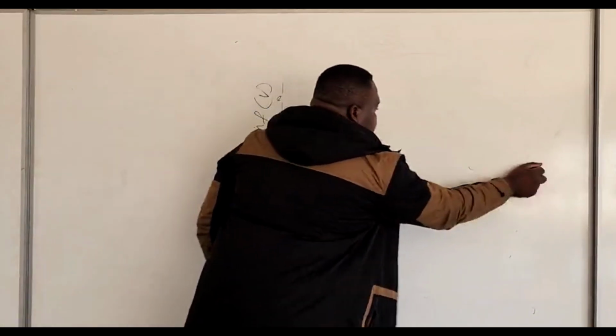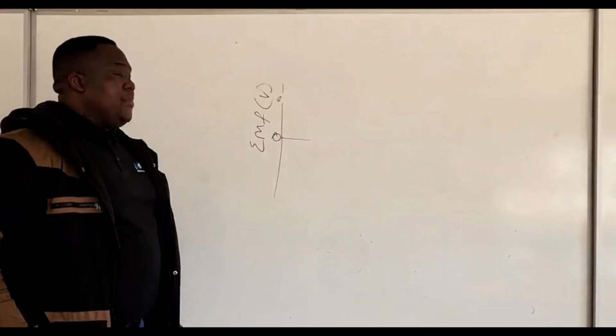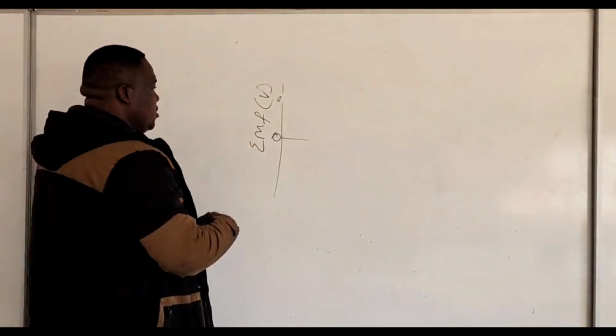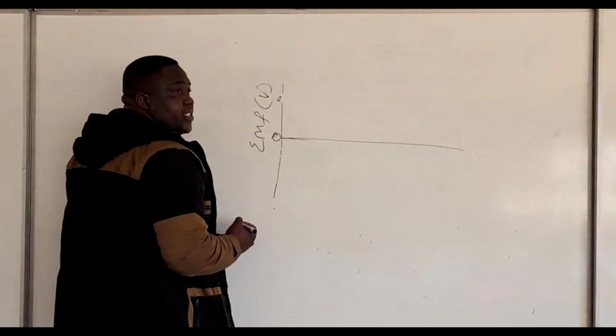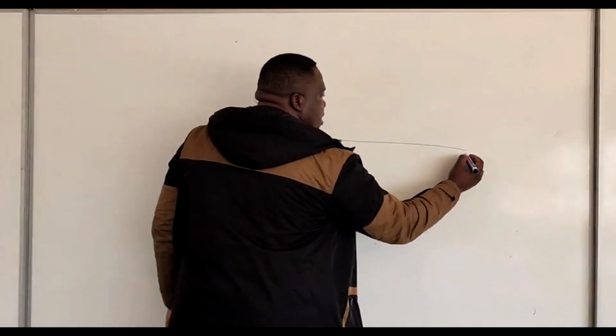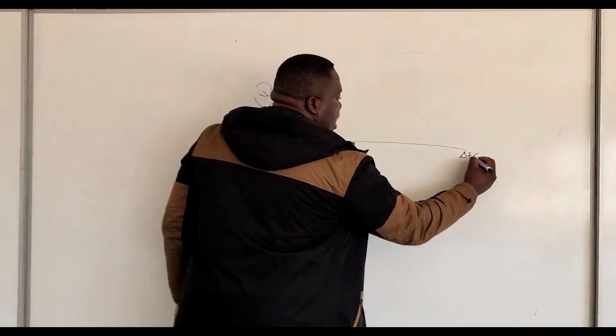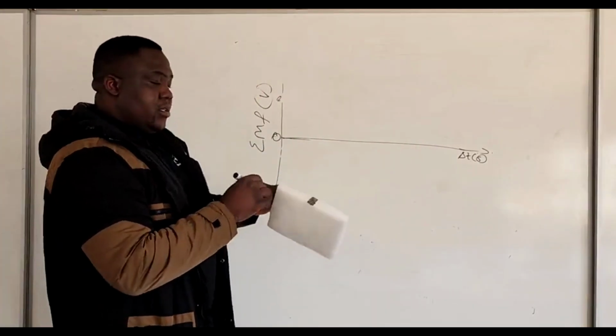This is the EMF. Then this is the axis, and it looks like a velocity versus time graph of a vertical projectile. Then here we're going to have the changing time in seconds. So let us start.